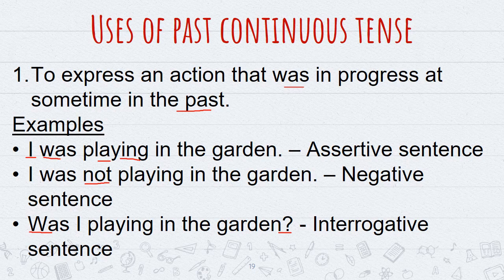So it will be I was not playing in the garden. And in order to frame its interrogative sentence, we'll begin the sentence with the helping verb, that is was or were. So it will be was I playing in the garden, and the sentence will end in a question mark.